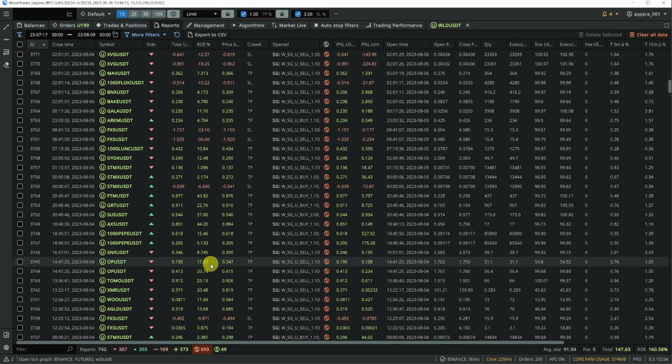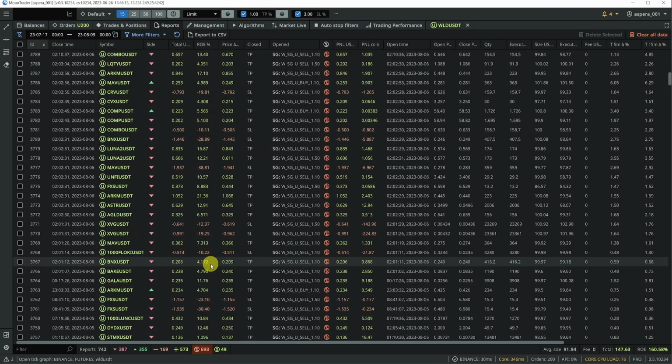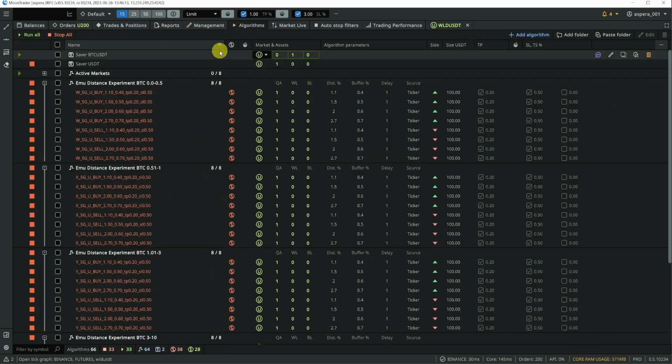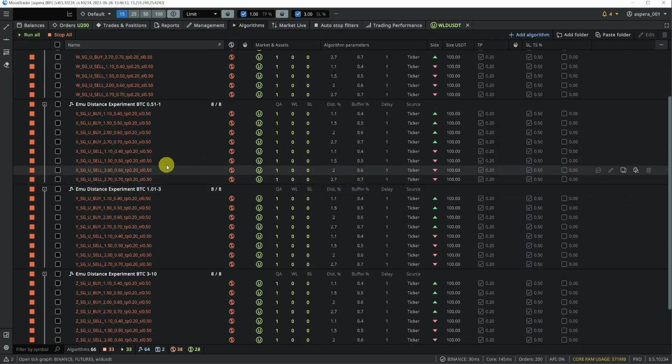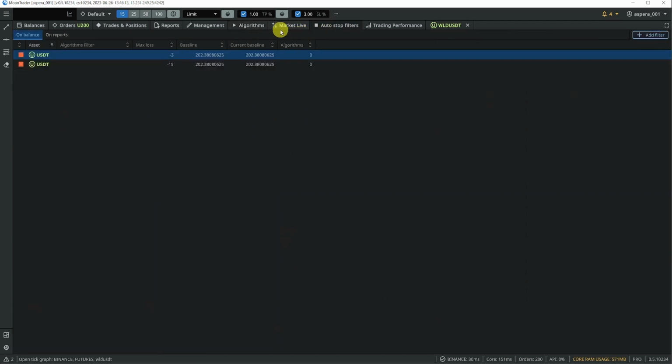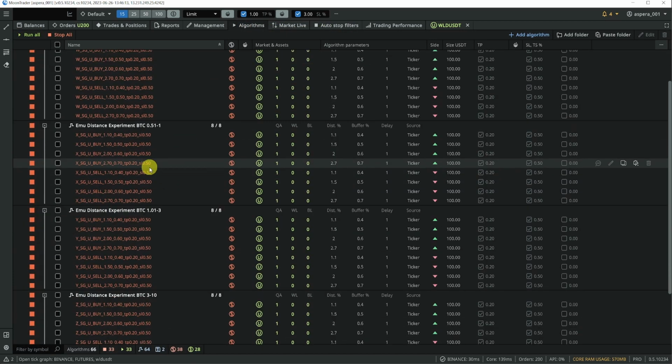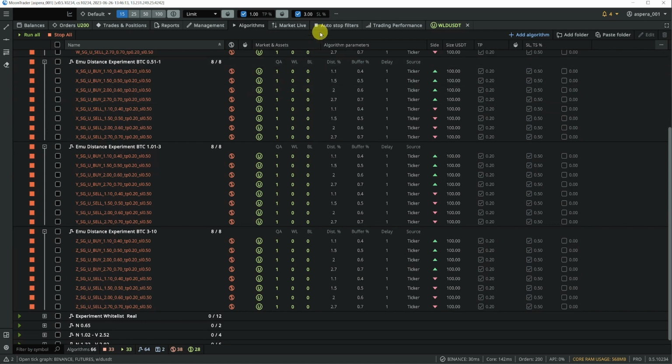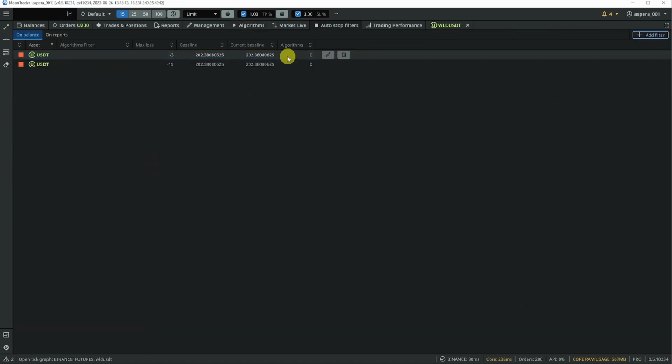I will probably get into more detail about it sometime later, but overall, I had a couple of core restarts which turned these algorithms off, and I also had an auto-stop filter triggered because alongside these algorithms I had some real ones trading, and they were not trading so well.